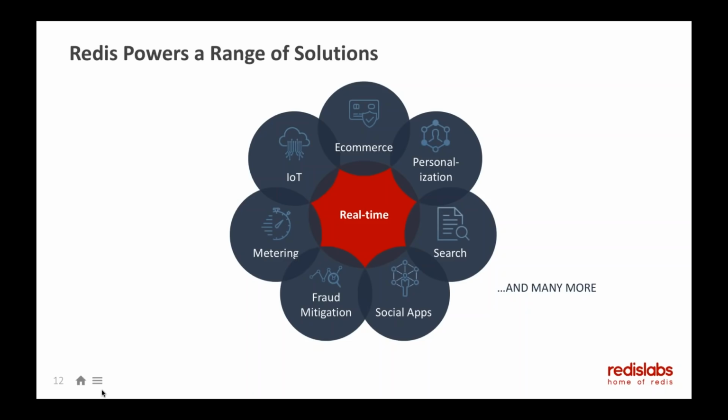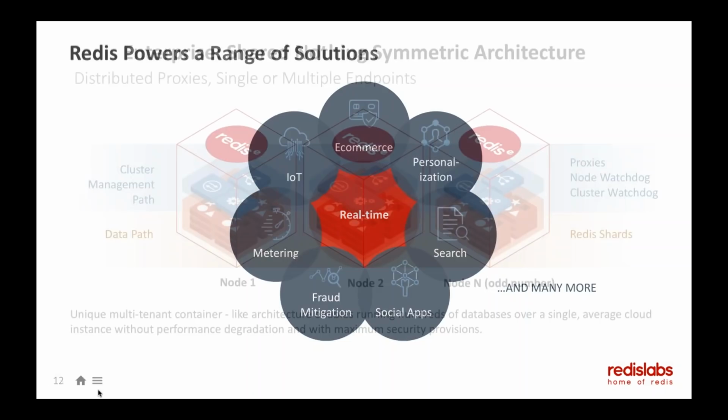You can also use it for personalization, search, and social apps. This list of use cases will keep growing, so I just wanted to highlight some of them. If you're not familiar with Redis itself, these are some of the primary use cases.